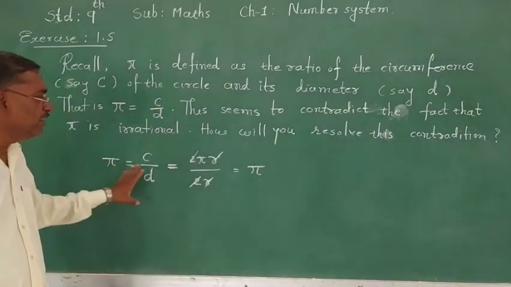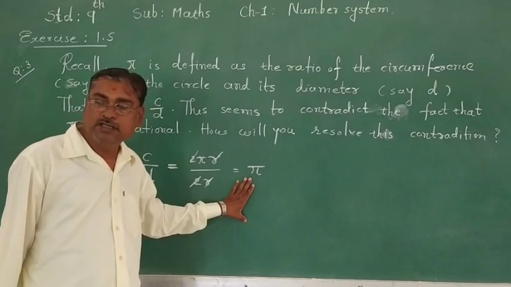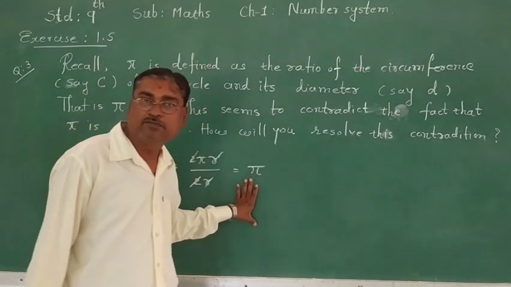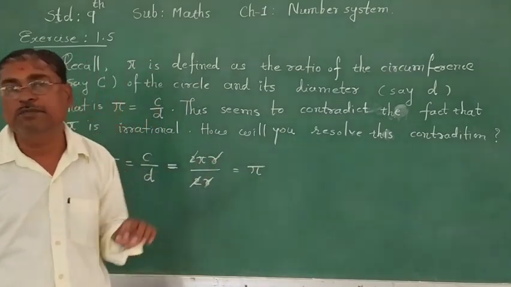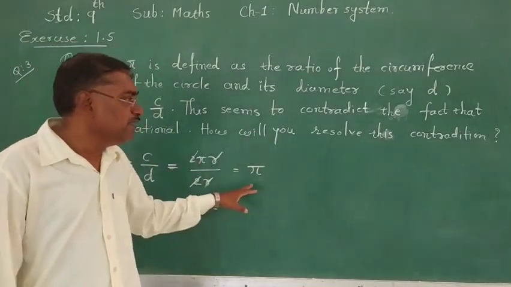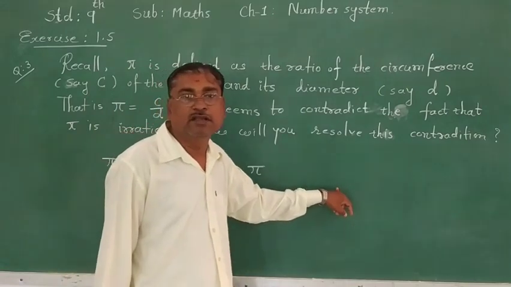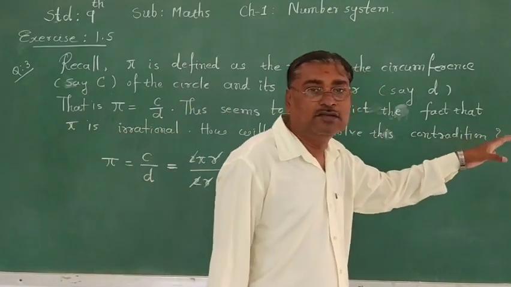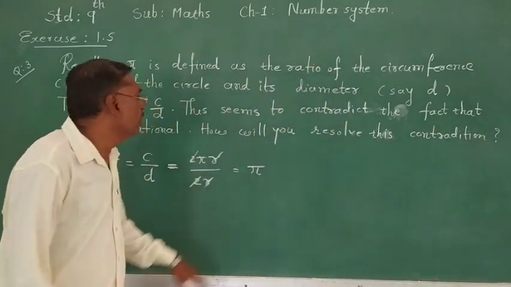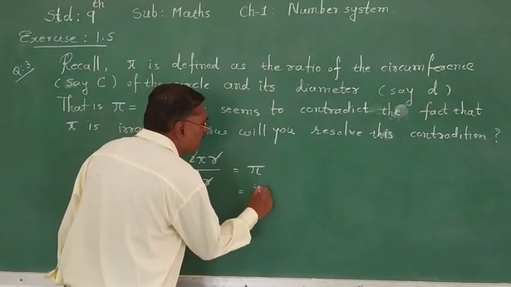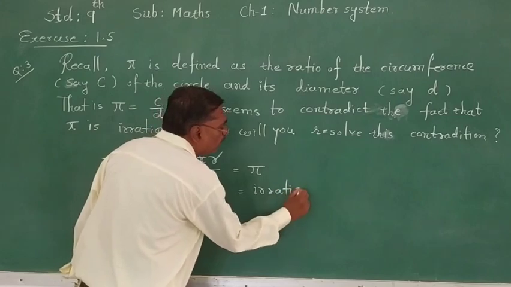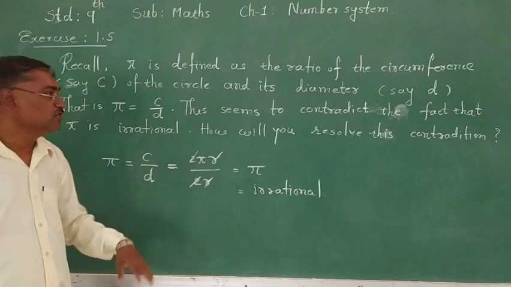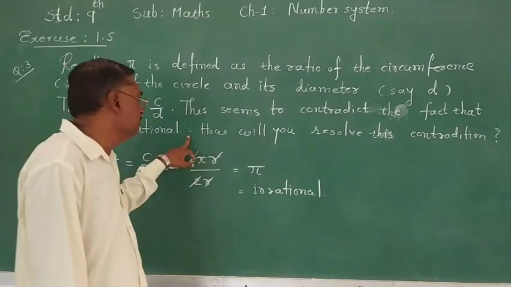So pi is already defined as irrational. We know that the value of pi is 22 upon 7 or approximately 3.14. 3.14 is not a terminating decimal. We can obtain a long answer. So pi is already irrational, and we can resolve this contradiction.